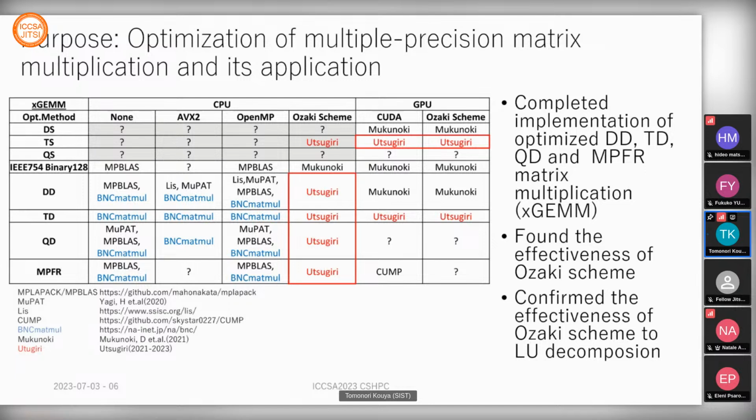As the figure describes, our result obtained by joint work with Utsugiri shows acceleration of multiple operation matrix multiplication with Ozaki scheme. So we will confirm the effectiveness of Ozaki scheme for LU decomposition.